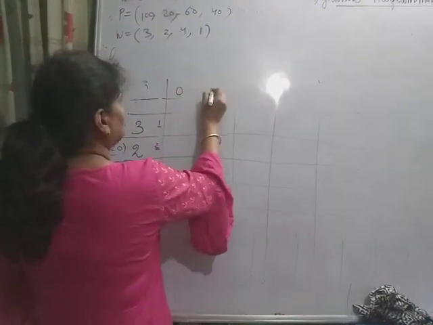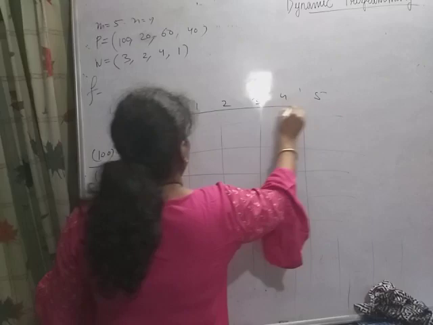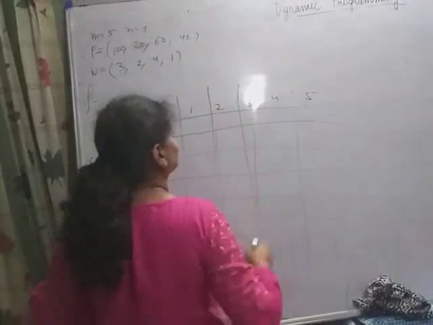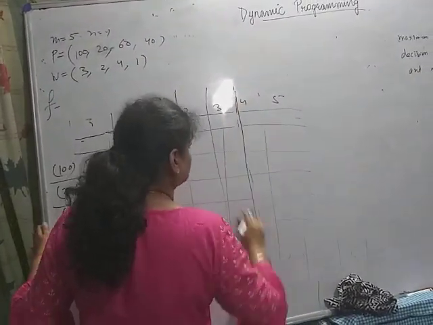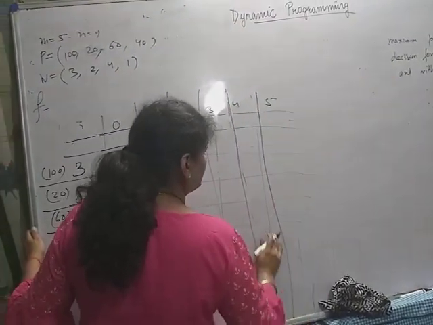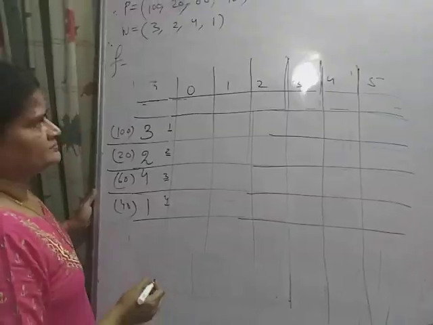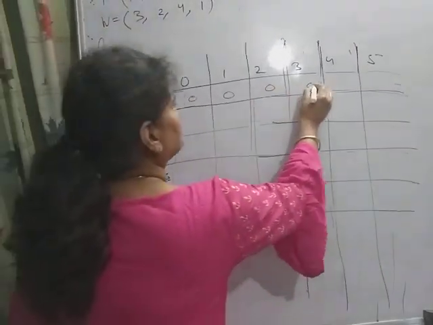Zero row, 0, 1, 2, 3, 4, 5. So first fill all the entries here with 0.